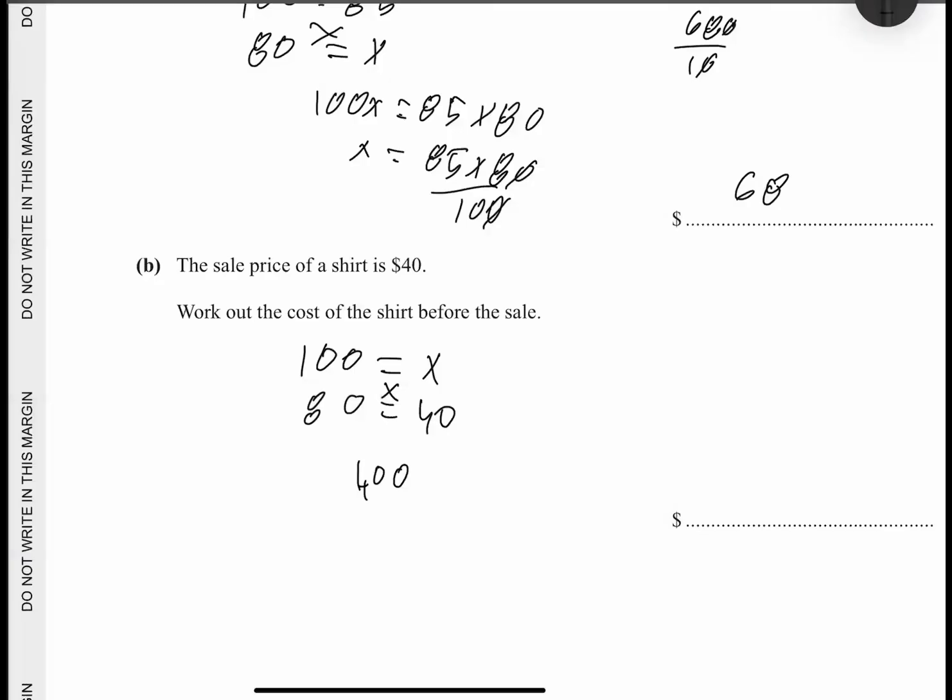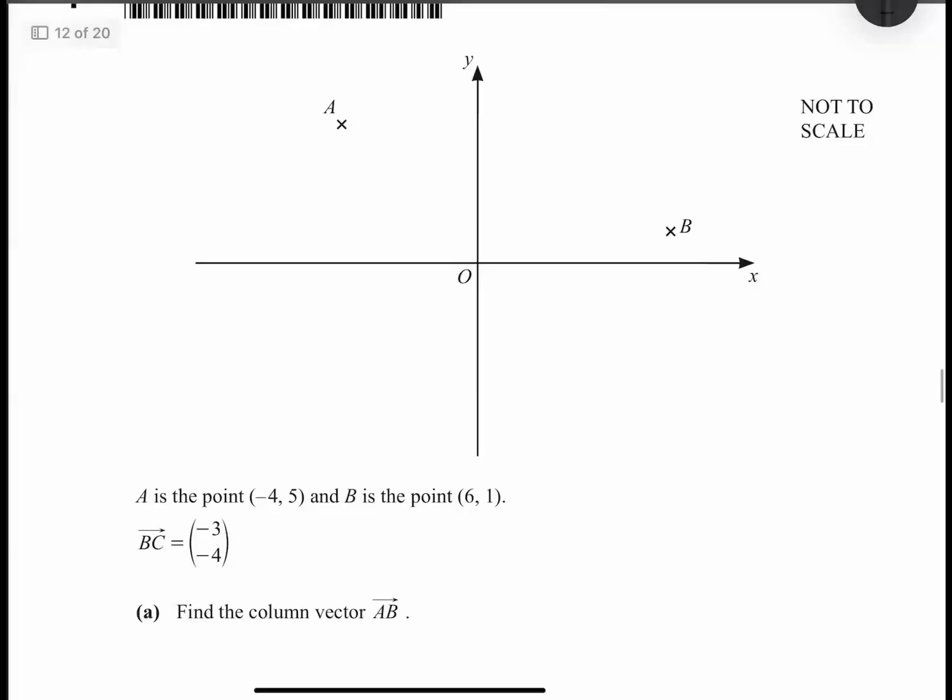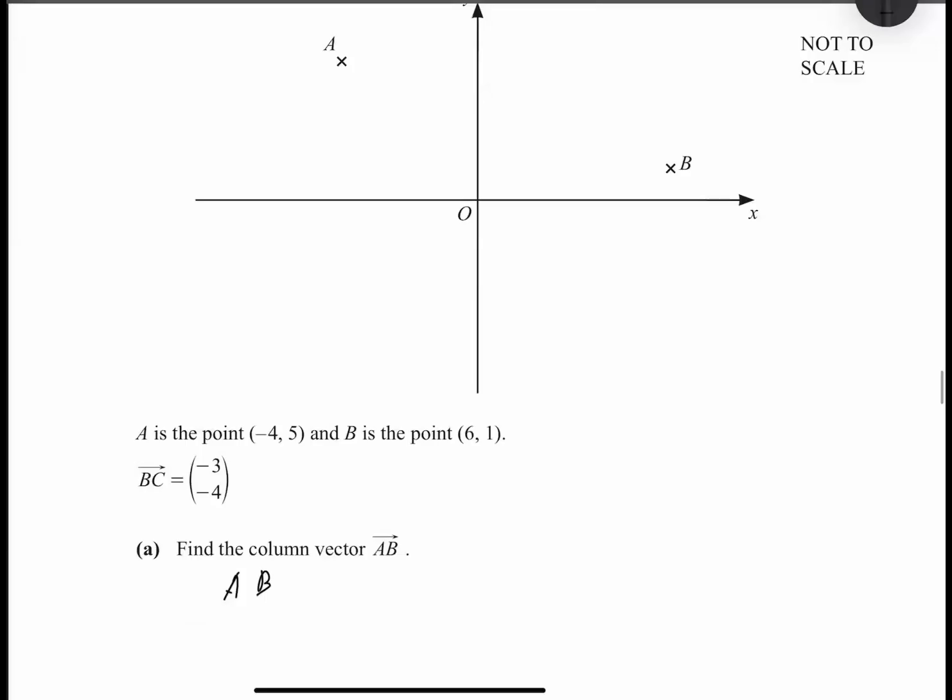Now we need to find out the column vector AB. So AB is equal to B minus A. We know what B is and we know what A is.